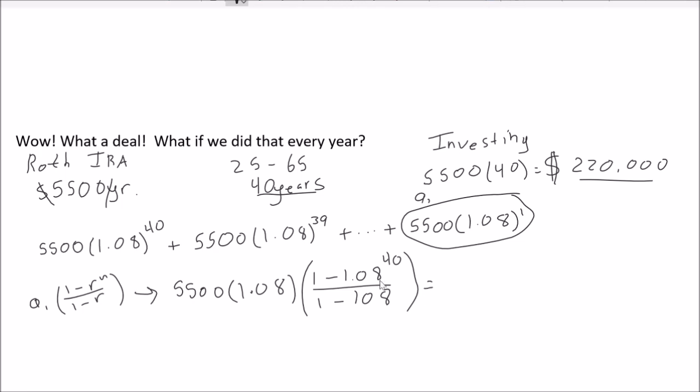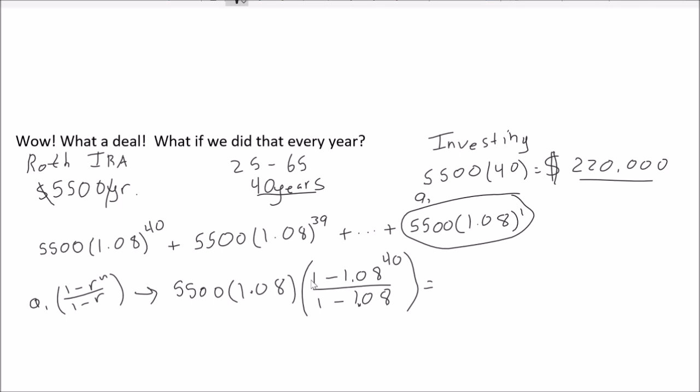So 5,500 times 1.08, and then you really need to be careful with your parentheses here. So 1 minus 1.08 to the 40th. Make sure you close those parentheses before you do that denominator. And then I realize I probably need to actually write in the decimal there like a good mathematician would. So divided by 1 minus 1.08.